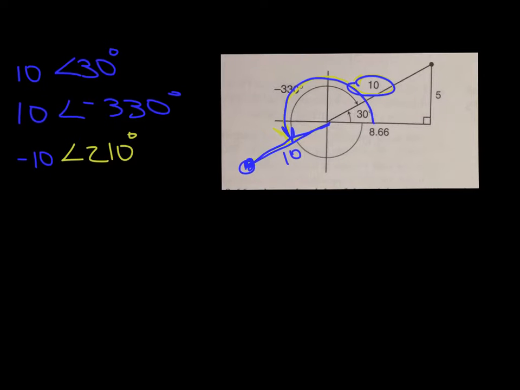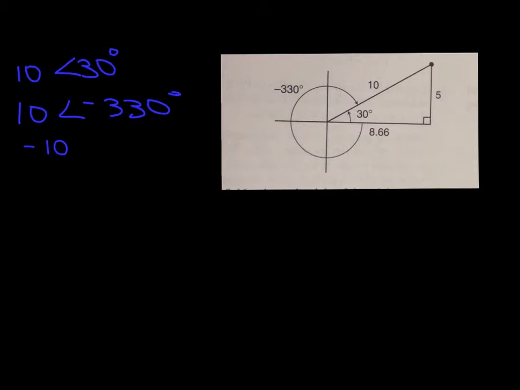So I start here, I go 210 degrees, draw my line that's 10 long, take the opposite, which means I swing it across my origin right here. So this negative means it's the opposite direction of what I'm showing. It gets worse. So that was negative 10 at 210 degrees.